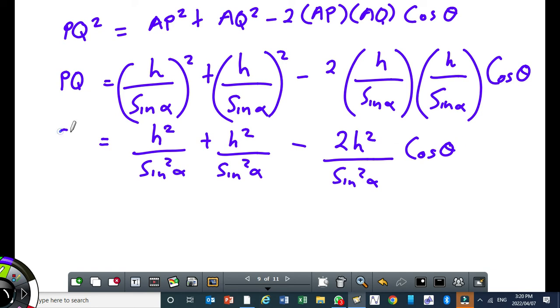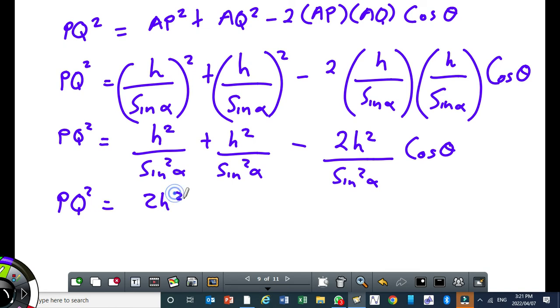Okay, so this is PQ squared. It's not PQ yet. Are you following that? Now, do you see that we have got a common factor? These two are like terms. So I can write PQ squared equal to, the denominator is the same, so I can add the numerators.